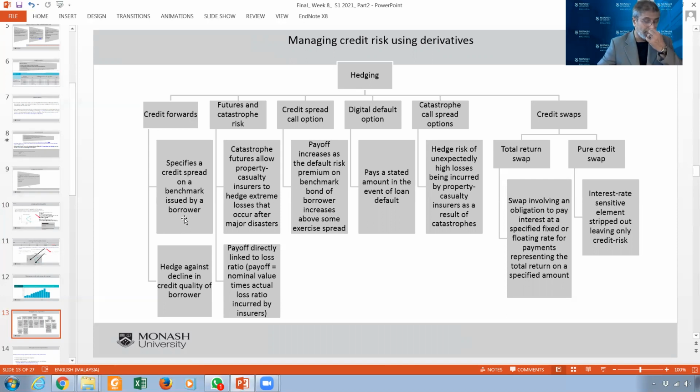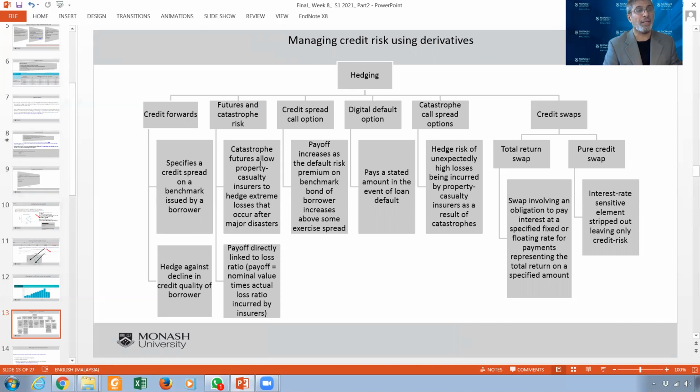Then in this case, I have to find somebody else to compensate me for this drop in the grading and the increase in the spread. This is how the credit forwards work.